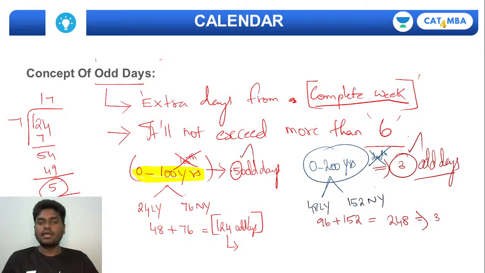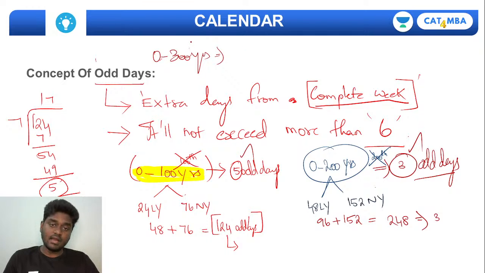In the same way, try to find how many odd days for 0 to 300 years. First of all, how many leap years will you have? The 300th year is also not a leap year because it is not divisible by 400.